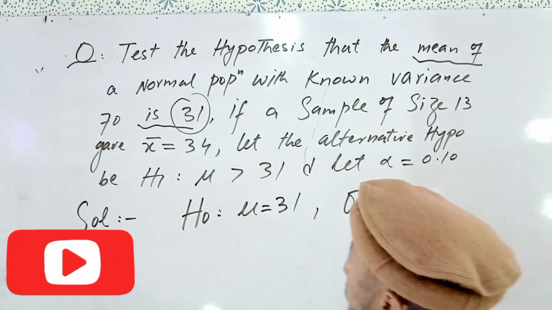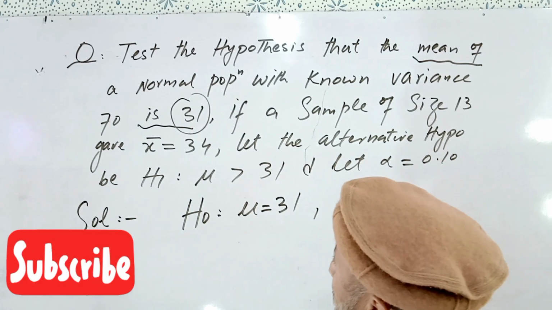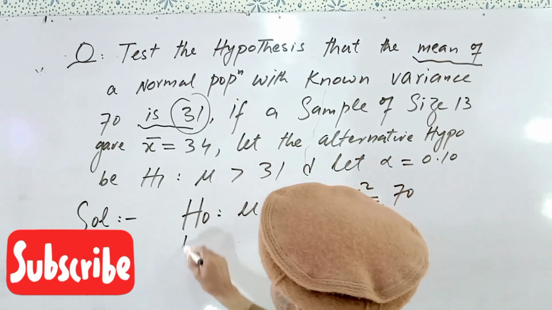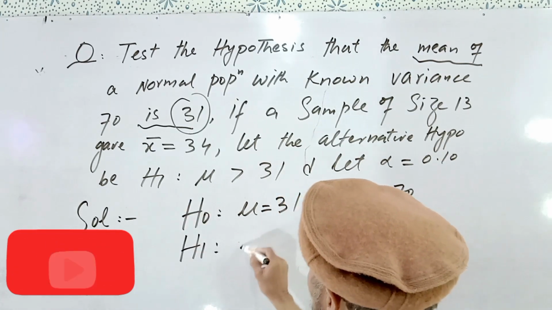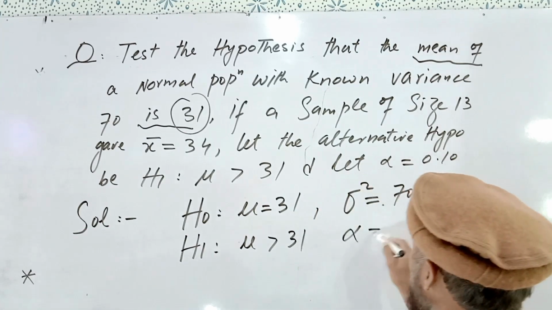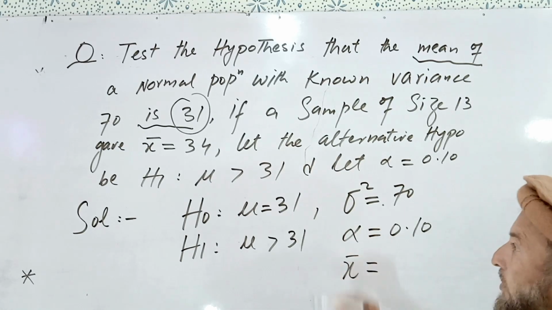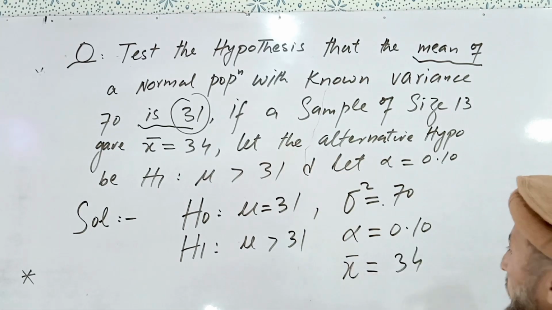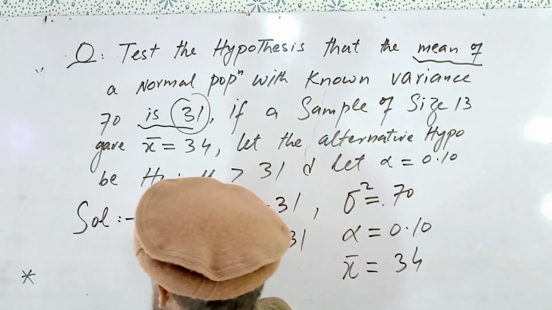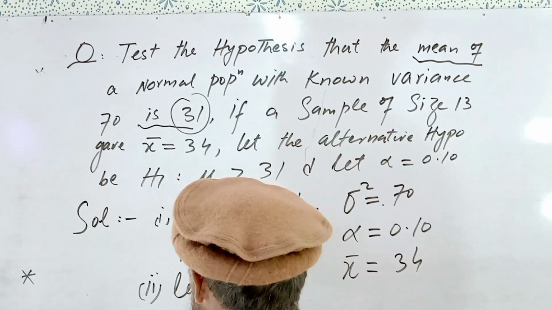We want to test the hypothesis. H1: mean is greater than 31, the level of significance is 0.10, and the sample mean is 34. So this is the first step, already given, and the second step is level of significance.